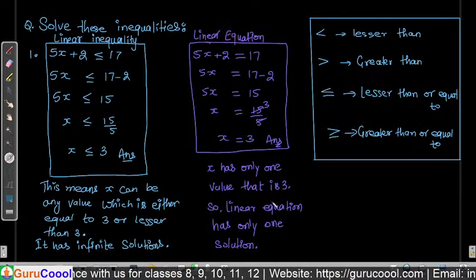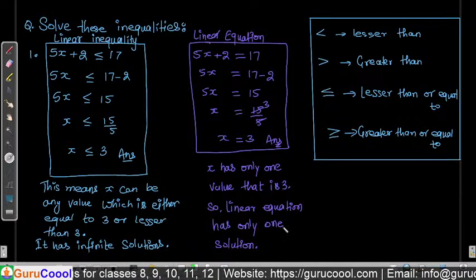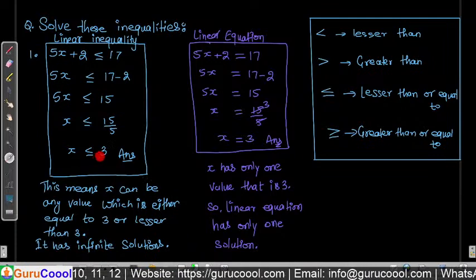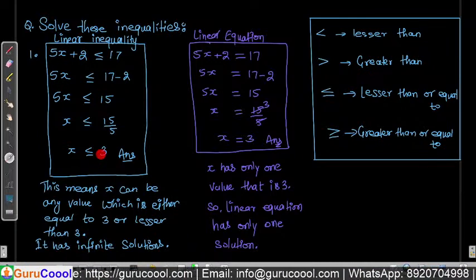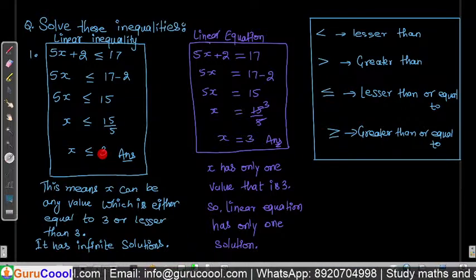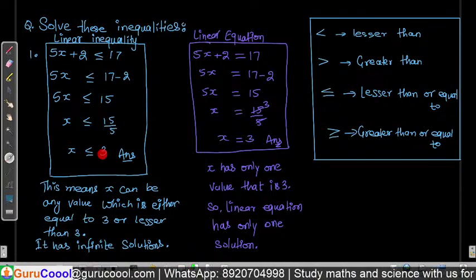A linear equation has only one solution, a single solution. In a linear inequality, we can take any value of x which is equal to 3 or lesser than 3. We cannot take more than 3, but we can take lesser than 3. Okay.